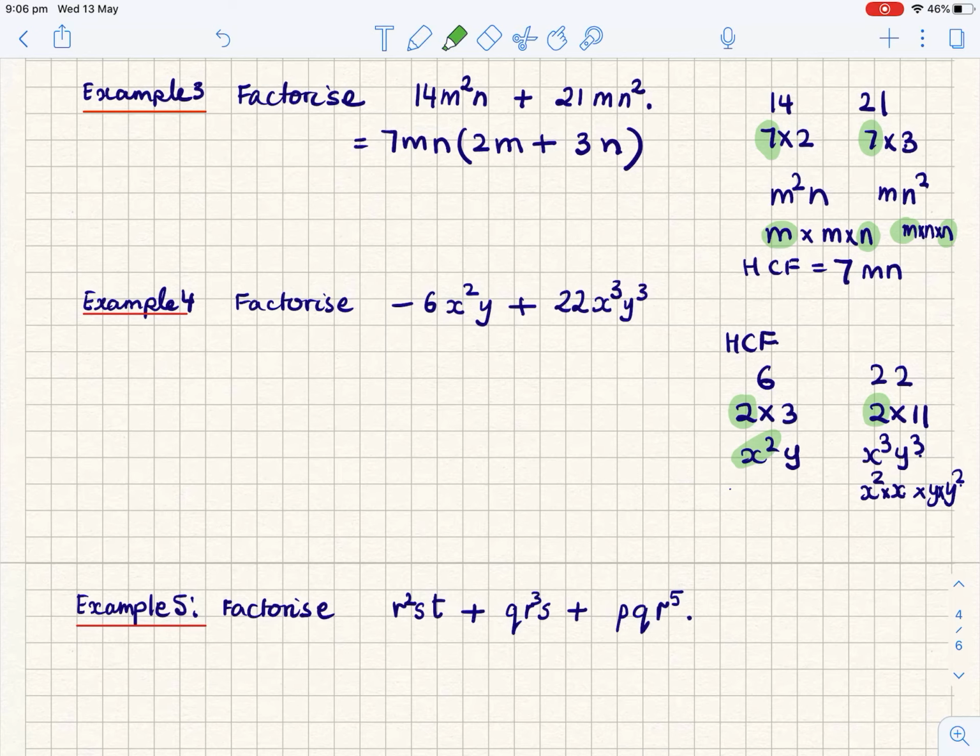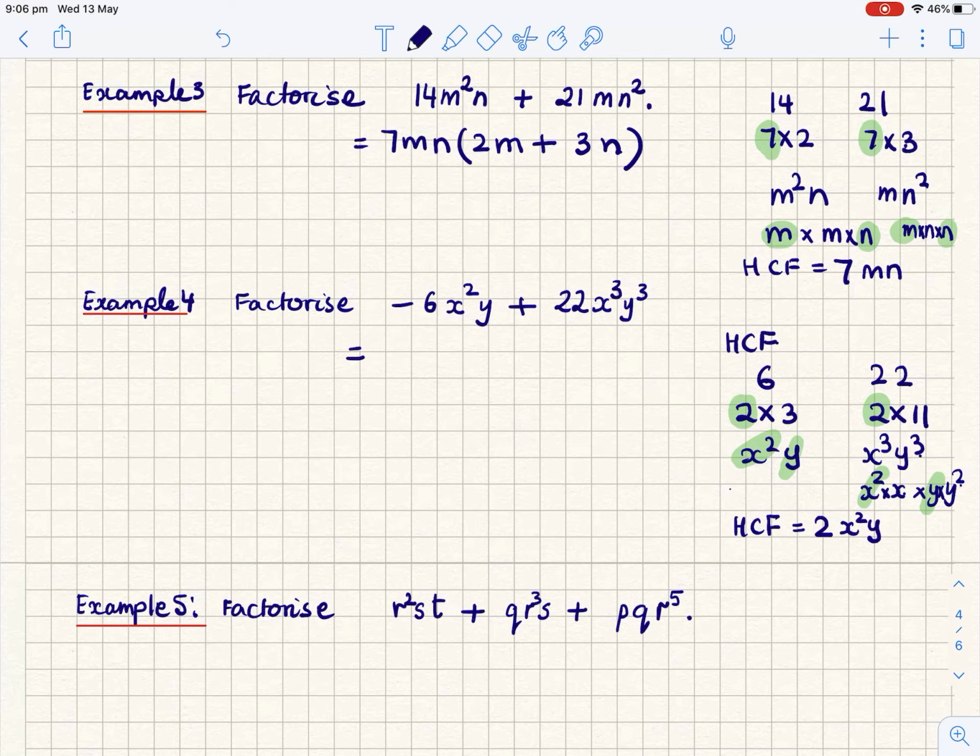So we also have y common. So the highest common factor in this case is 2 from the numbers and x squared y from the letters or the variables.